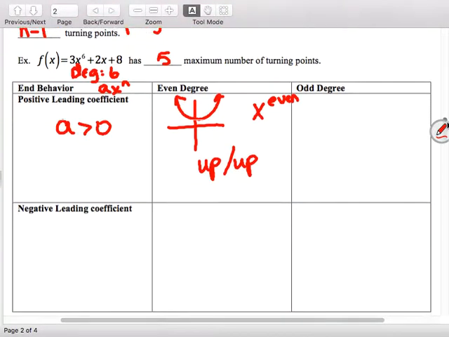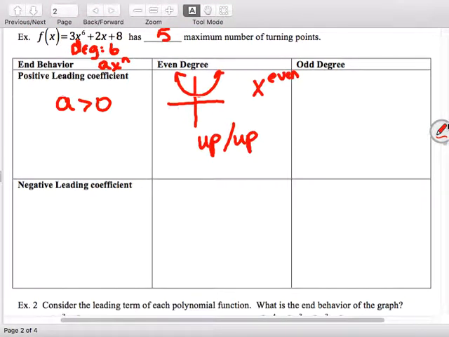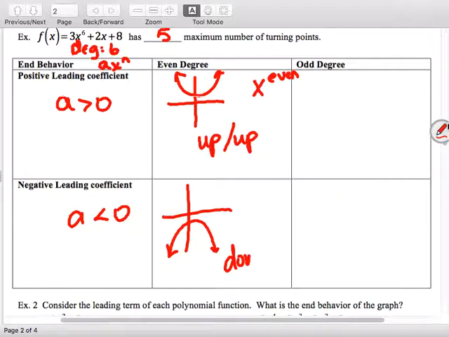If I have a negative, so this means a is less than 0, my end behavior is down, down. And this is negative x to the even.